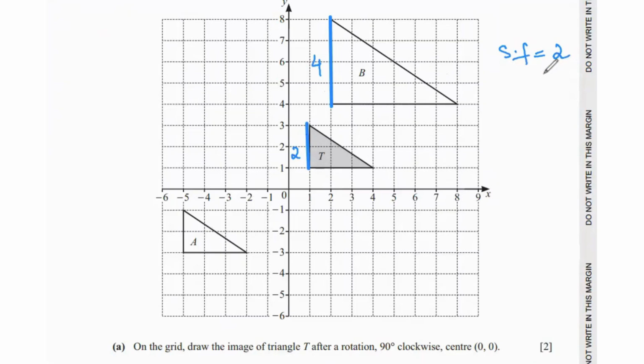Now we need to figure out the center of enlargement. For the center of enlargement, what we do is we join corresponding points on both the shapes and see where those lines intersect. So all of these lines will pass through the same point.